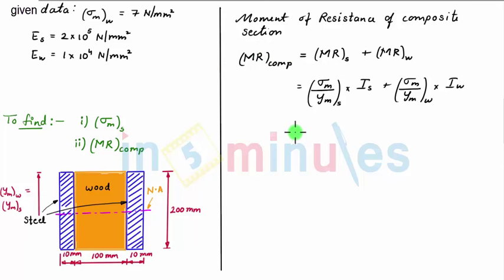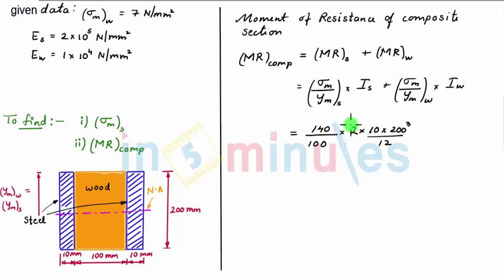Upon substituting the values, we get sigma max of steel is 140 upon y max, which is 200 divided by 2, equal to 100, multiplied by I of steel. There are two steel sections whose centroidal axis passes through the same centroidal axis of the composite section, so the moment of inertia of the two sections could be given as 2 multiplied by BD cube by 12, where B is 10 mm and D is 200 mm, so 200 cube upon 12.